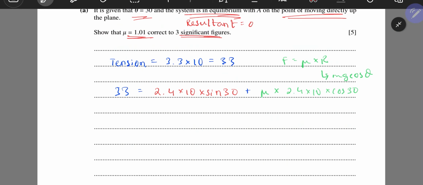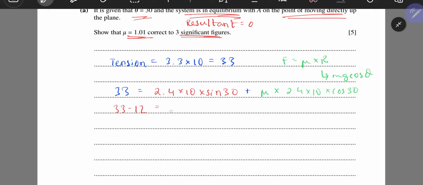So 2.4 times 10 times sine 30 is equal to 12. So 33 minus 12 is equal to 2.4 times 10 cos 30 times mu.